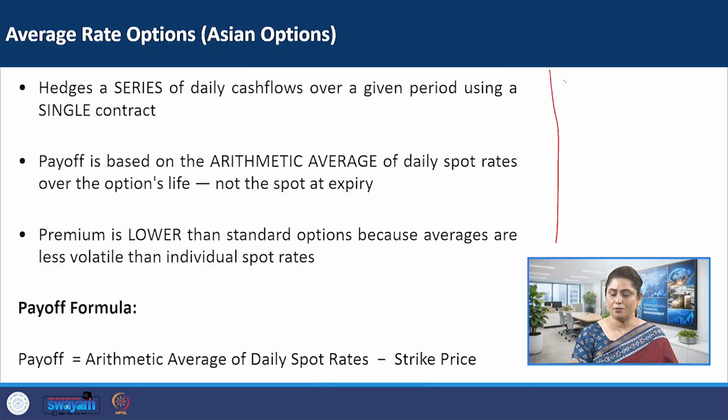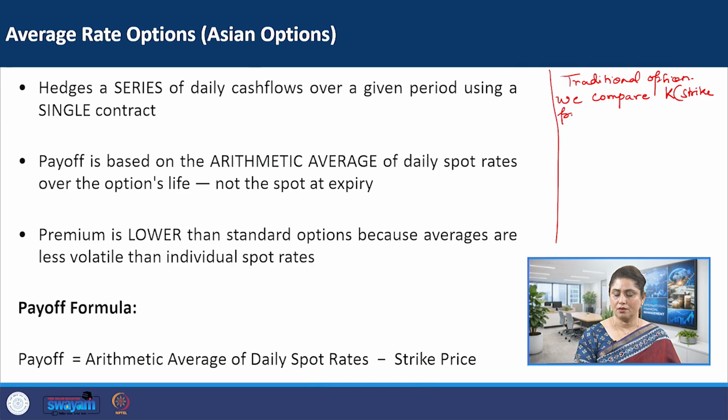Now, it is very simple. In traditional options, what happens is we compare the strike price with the spot price or the market price at the time of expiry. Here the spot price is the market price.